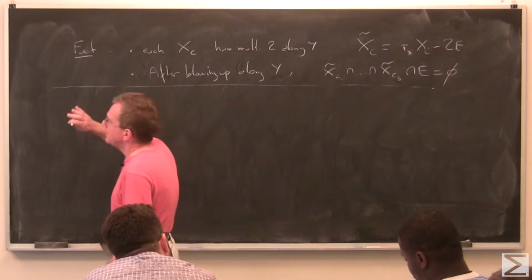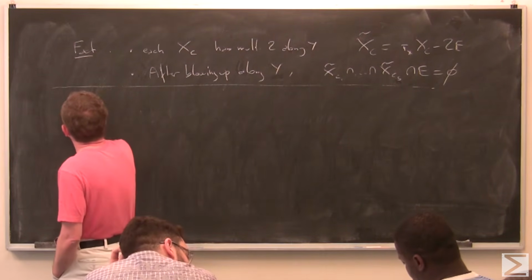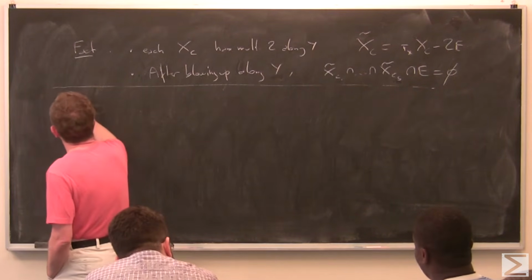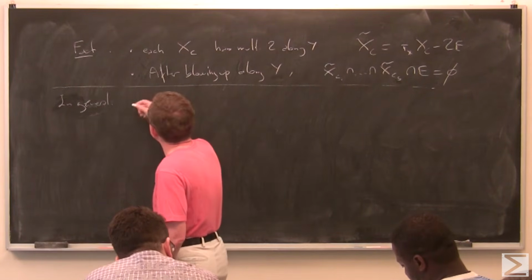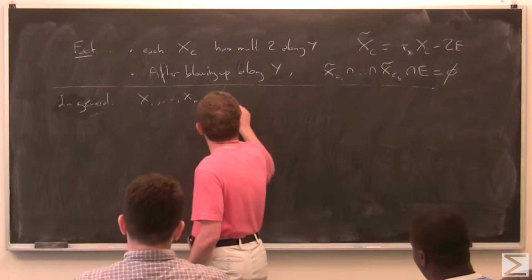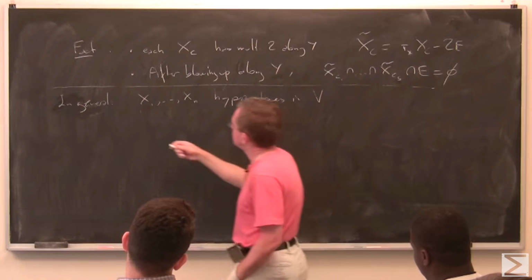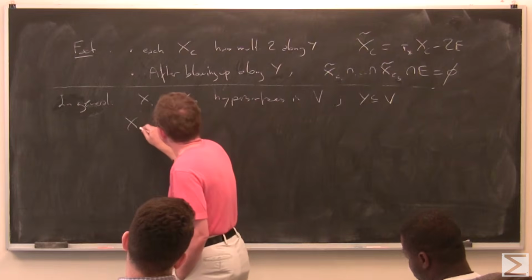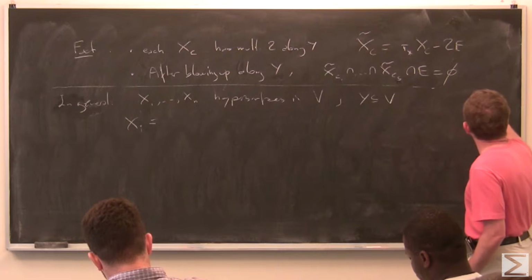But I want to approach this situation from maybe a slightly more general perspective and do the following. So more generally, let me get away from the example. In a more general situation, assume that you have a number of hypersurfaces, x1 through xn, hypersurfaces in V, and assume that y is inside V. I have the same blow-up picture over there.